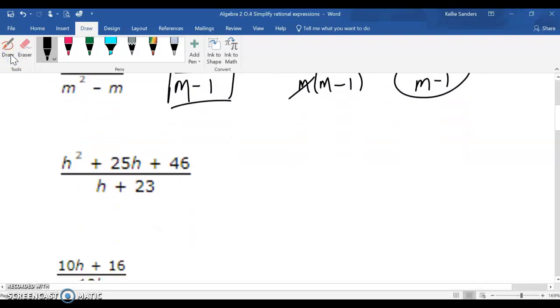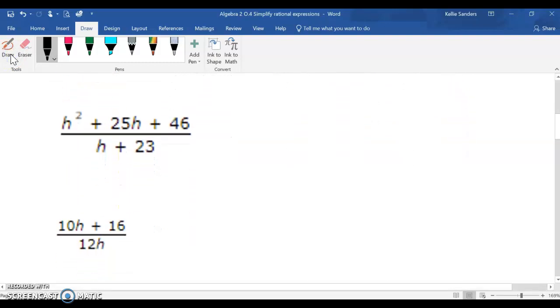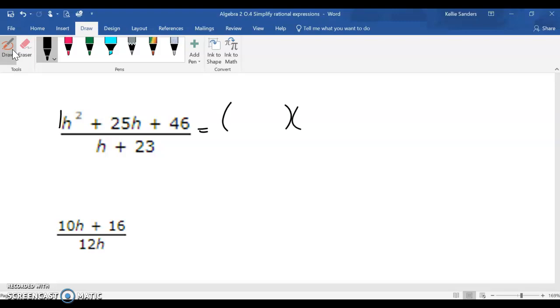Now on the next one, not all of them have h's in them, so we are not going to be able to just cancel everything out. The top expression is a trinomial with a leading coefficient of 1, so we're going to have to factor. H, bring the first sign down. A positive times a positive is a positive.